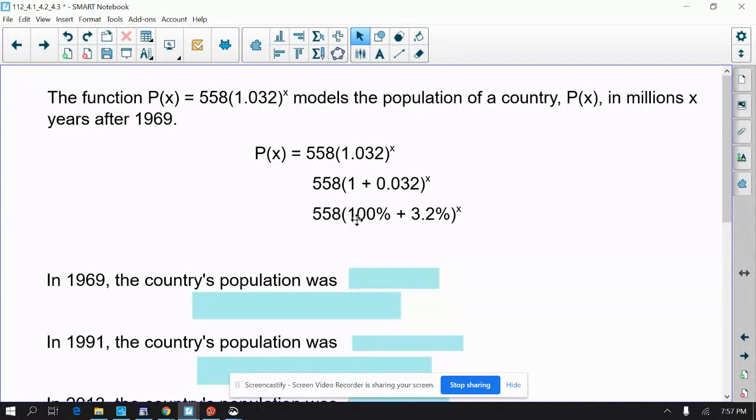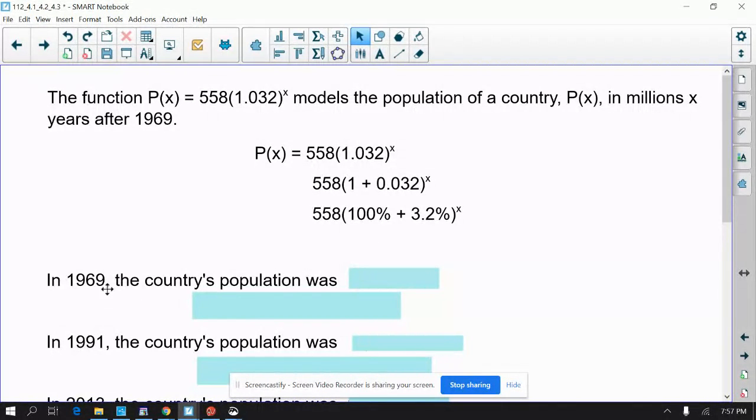That's 100% of this population, but then plus 3.2%. So 3.2% more people are coming in year after year. We're keeping the original 100% of the population, and we're adding 3.2% of that. So that's why the population is growing.